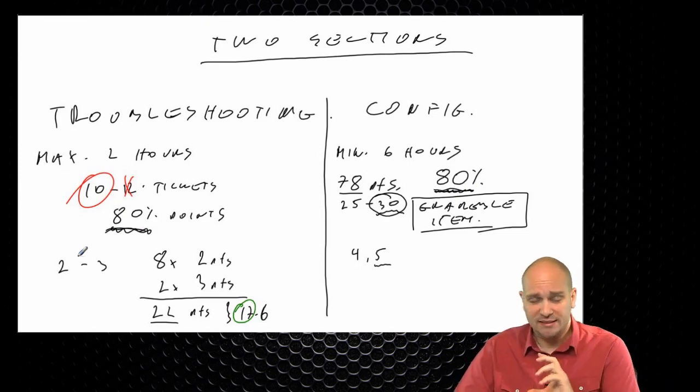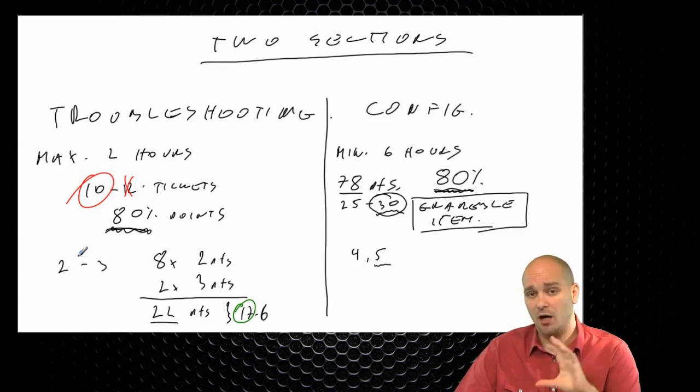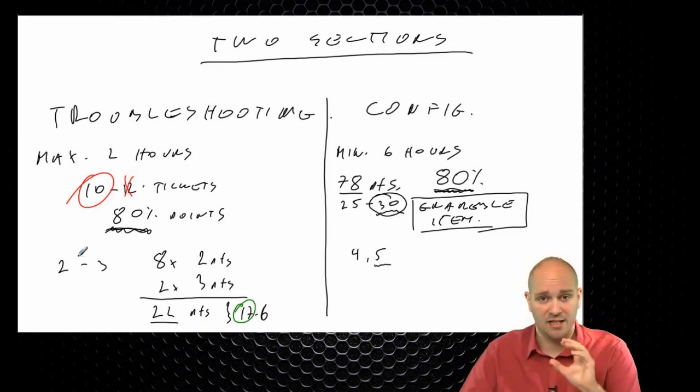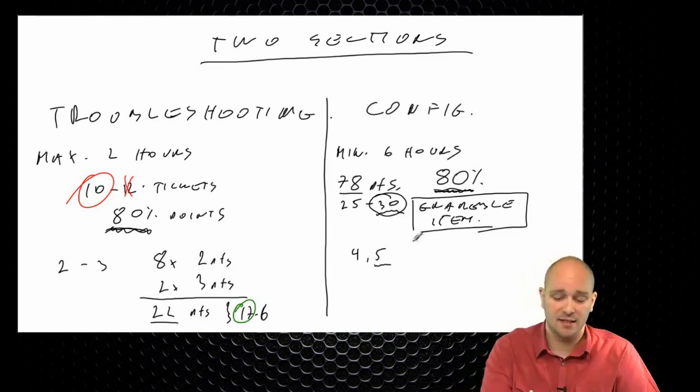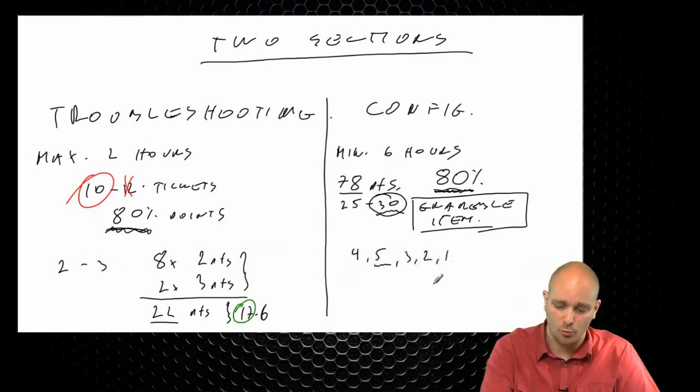The challenges in the configuration section are very, very different than the challenges in the troubleshooting section. First thing is the point distribution. In the troubleshooting section, we have these 3 pointers and 2 pointers. In the configuration section, we can have 4 pointers, 5 pointers, 3 pointers, 2 pointers, and 1 pointers.